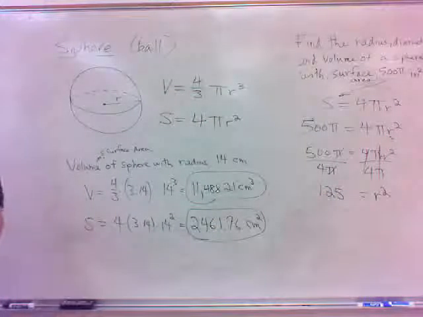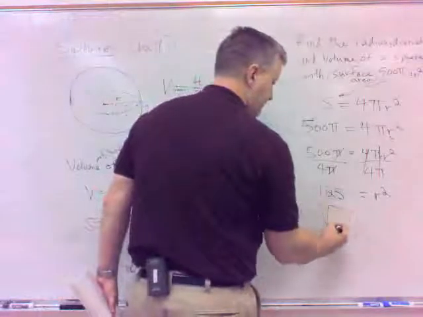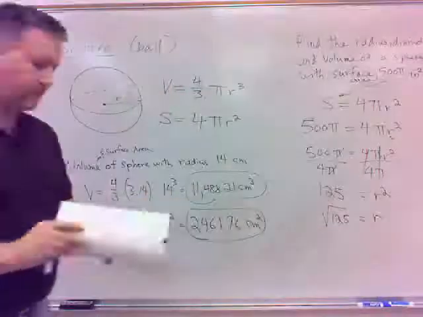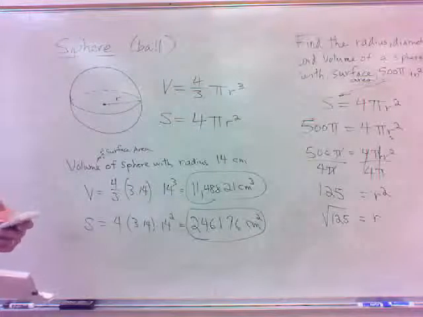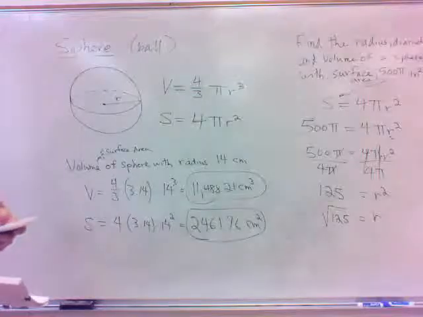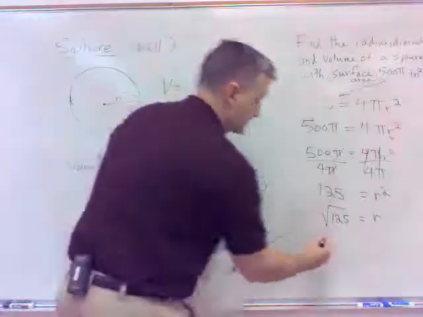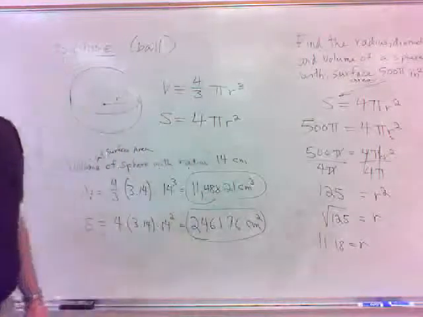Well, if 125 equals r squared, don't I square root 125? And that'll be r. Square root of 125, which is, punch it up here, about 11.18. That's my radius.